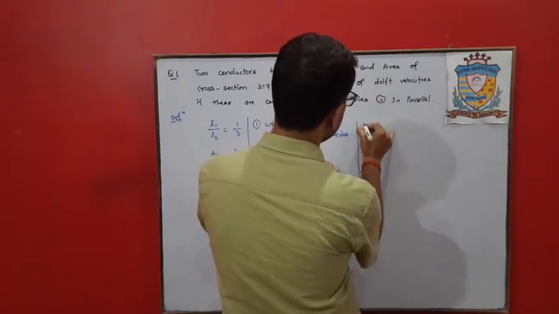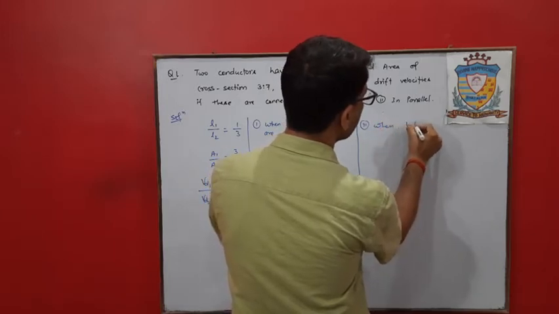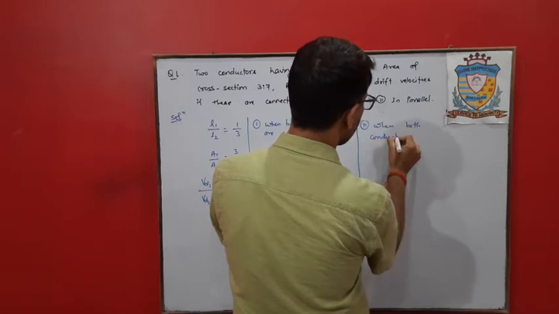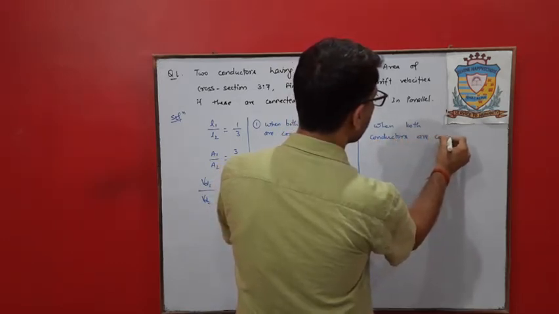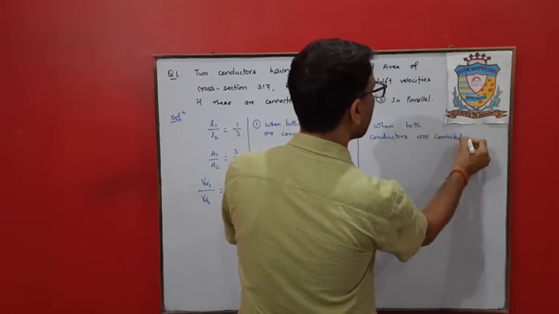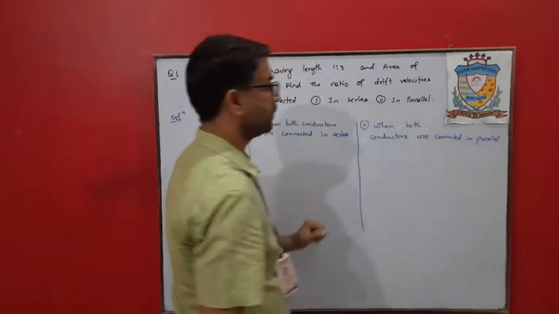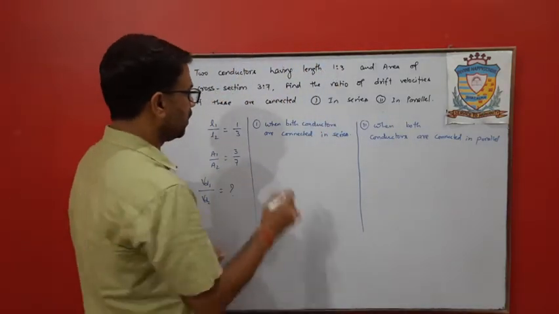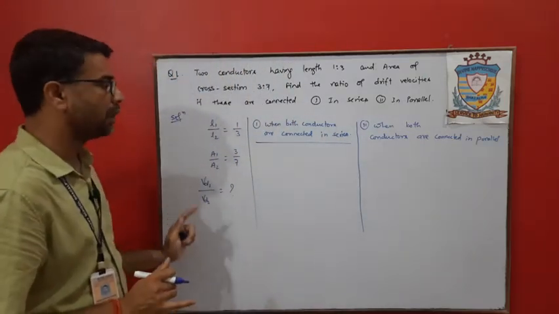Next, in the second case, we'll find the ratio when both conductors are connected in parallel. Clear? Okay. So the only thing we have to find is the ratio of drift velocity.